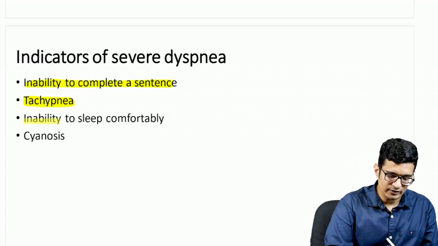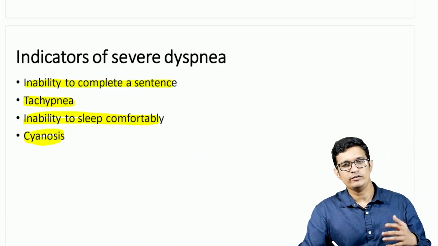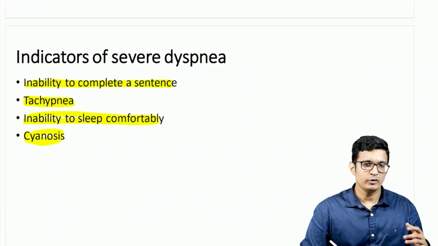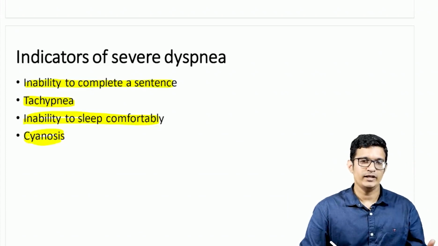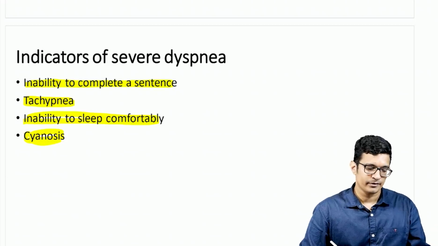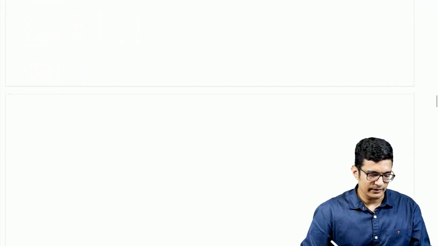And if the patient is not able to sleep because of the breathlessness, or if the patient is having cyanosis. Now you know cyanosis means bluish discoloration. That bluish discoloration is due to the increased presence of deoxyhemoglobin, and that generally indicates a type 1 respiratory failure. So these are the indicators of severe dyspnea in the patient.